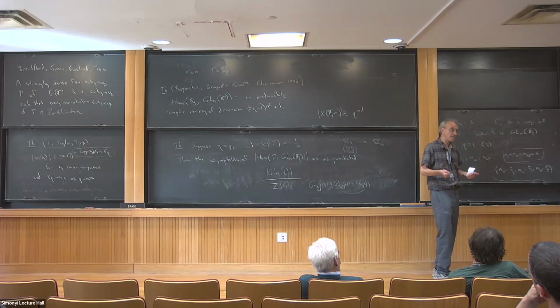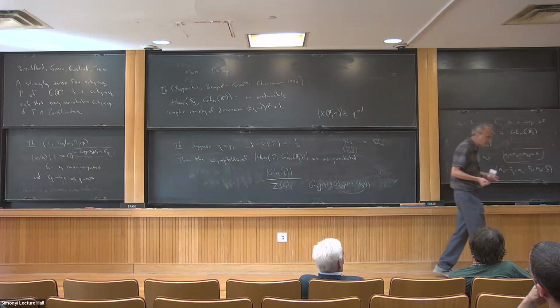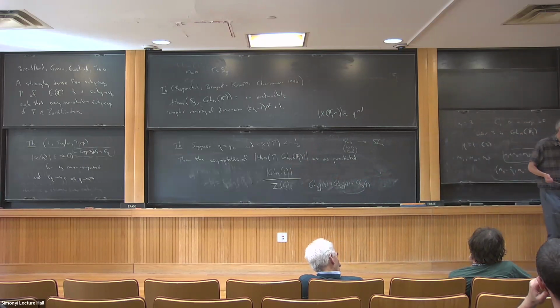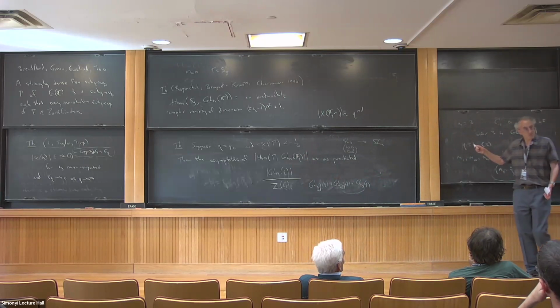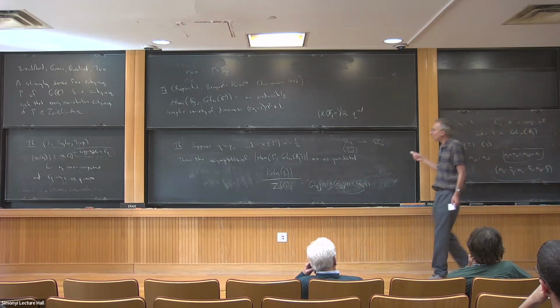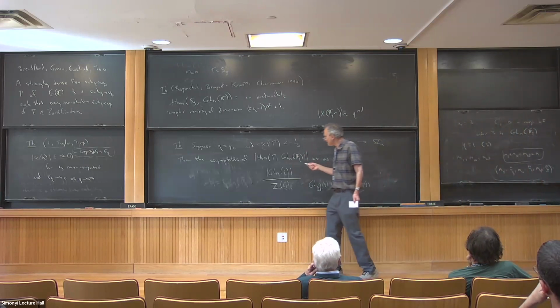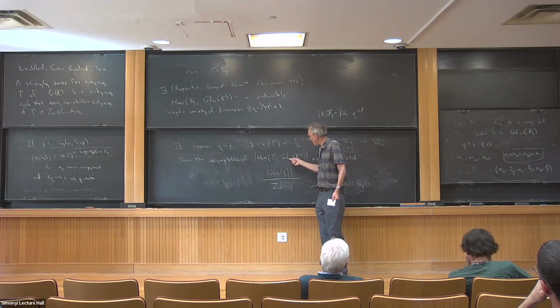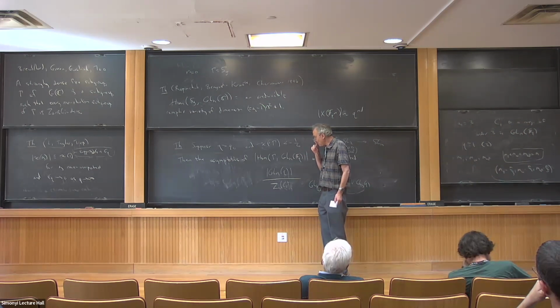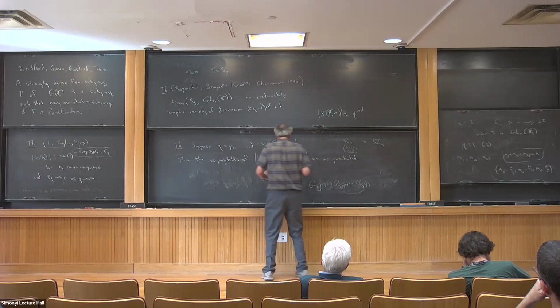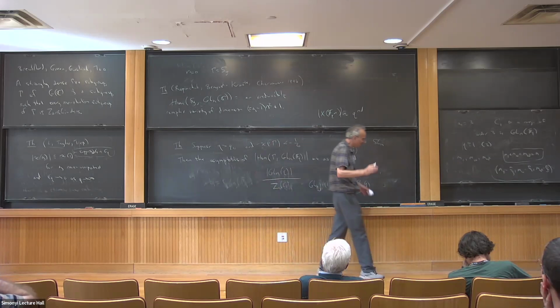The second thing I would want is to be able to count the number of homomorphisms from this group. Well, that should be okay. Well, I don't know whether it's okay.